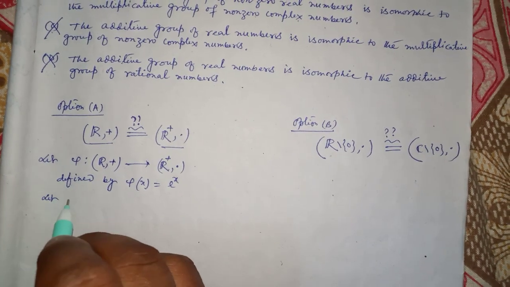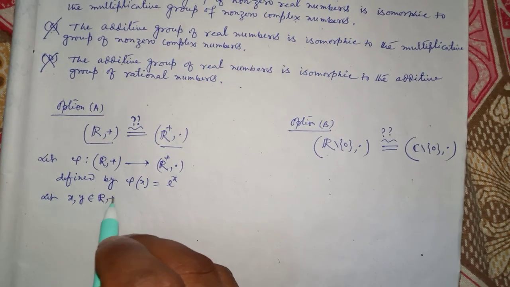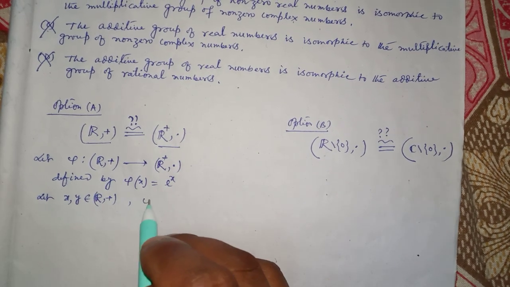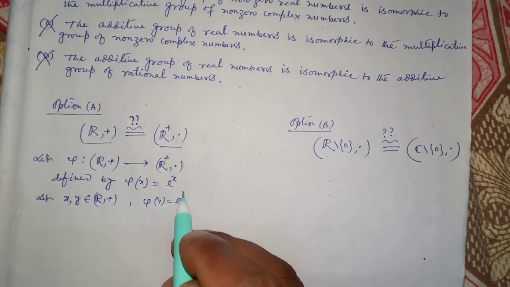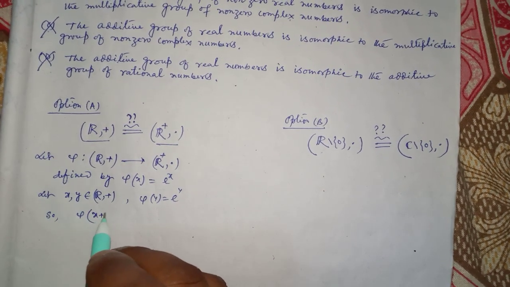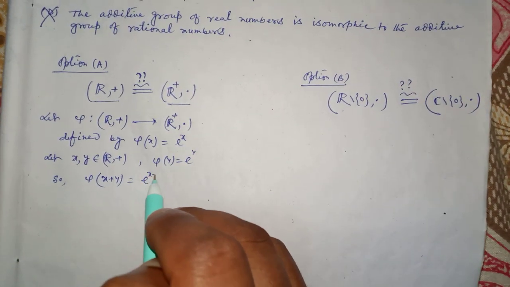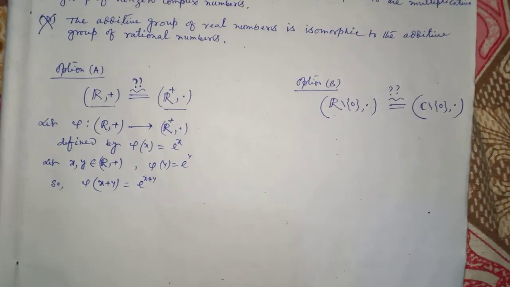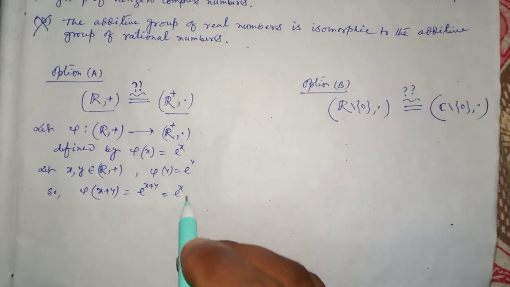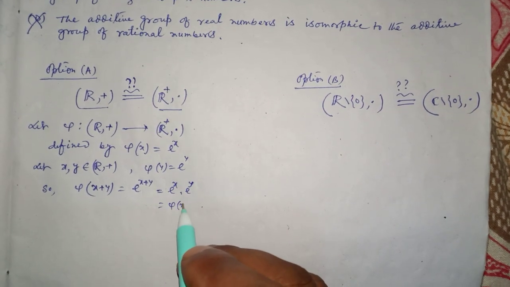Let x, y belong to R, and phi of x equals e to the power x, phi of y equals e to the power y. So phi of x plus y is equal to e to the power x plus y, which is equal to e to the power x into e to the power y, which is equal to phi x into phi y.